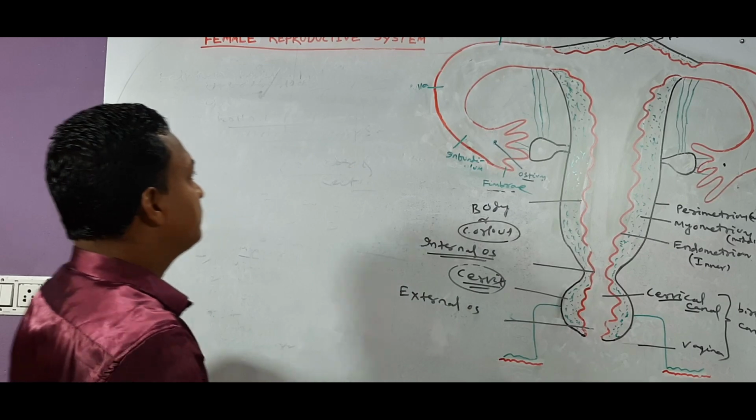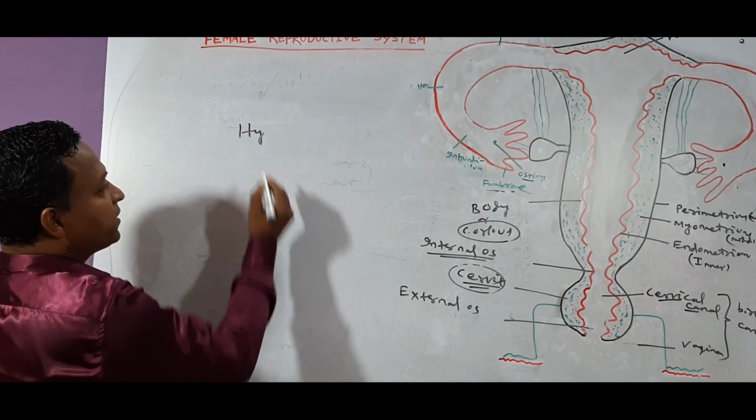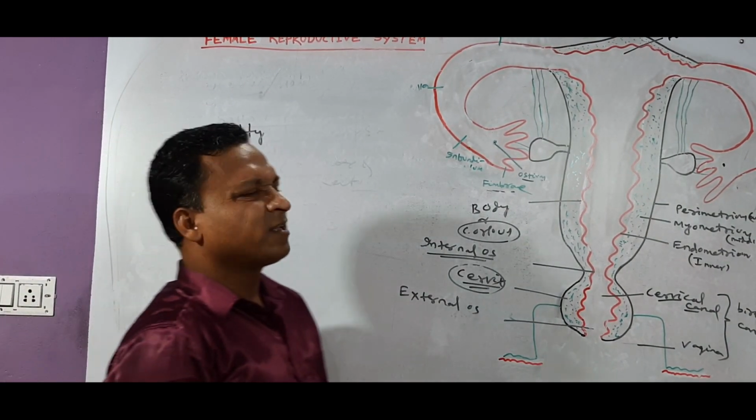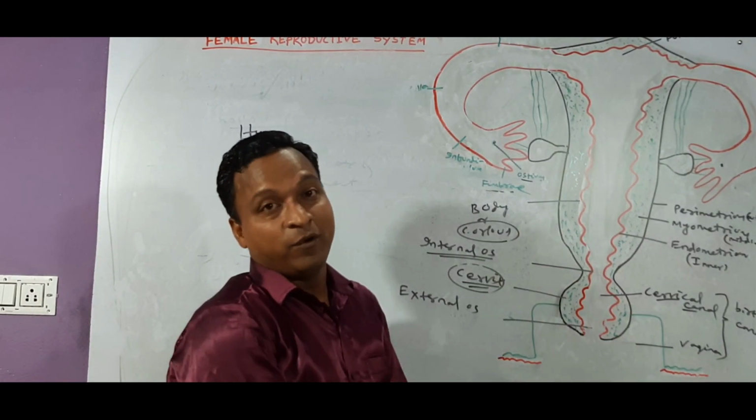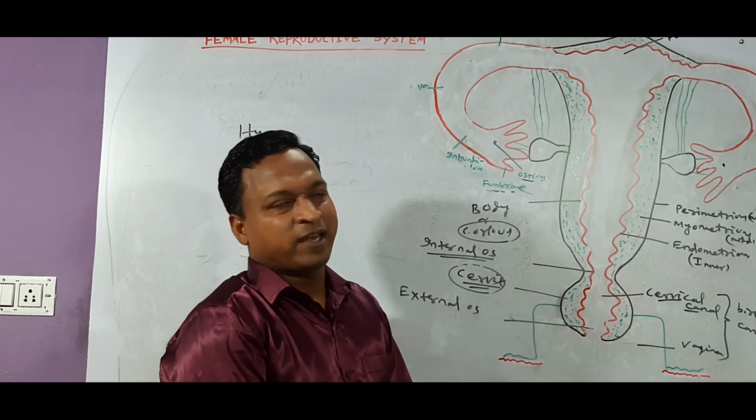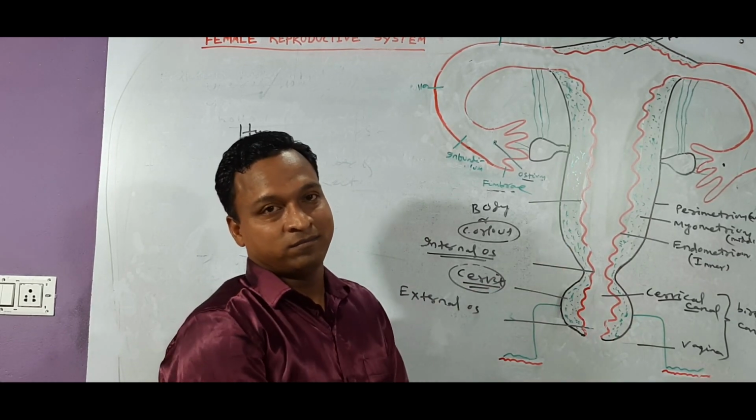Another additional point: the removal of the uterus. If some cancer takes place in the uterus, we remove the uterus. If some inflammation takes place in the uterus, we remove the uterus.